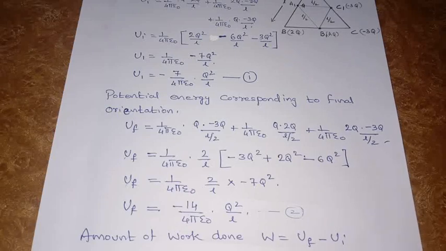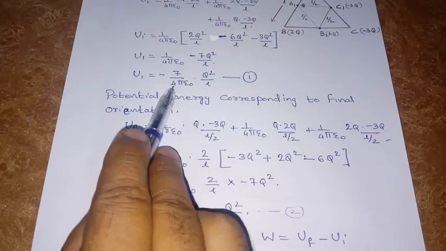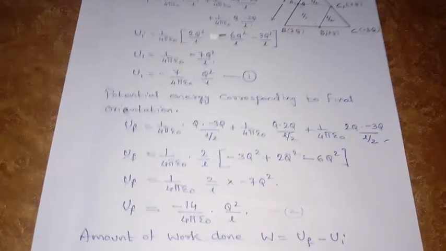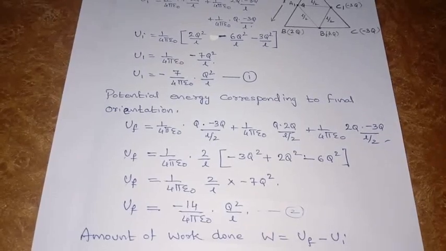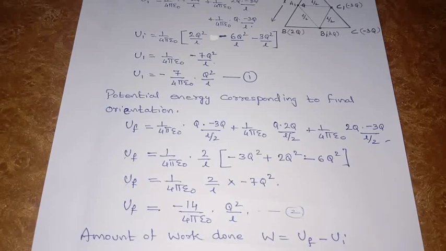So it will be minus 14 divided by 4 pi epsilon 0 Q square by L minus of the minus, that will be plus 7 by 4 pi epsilon 0 Q square by L. So the final result will be W is equal to minus 7 by 4 pi epsilon 0 Q square by L. So this much work is needed in order to shift the charges from the original position to new position.